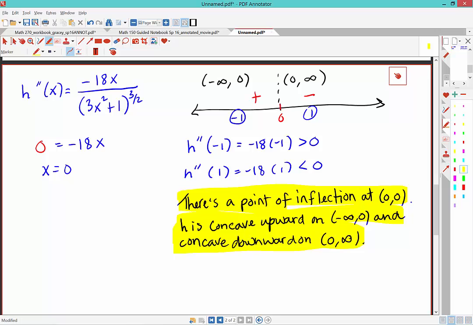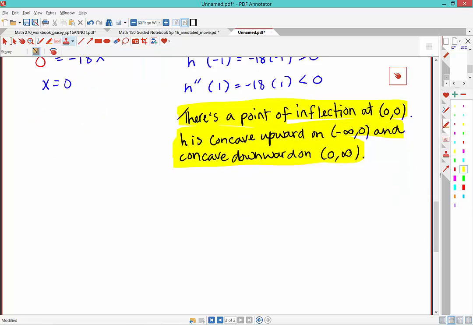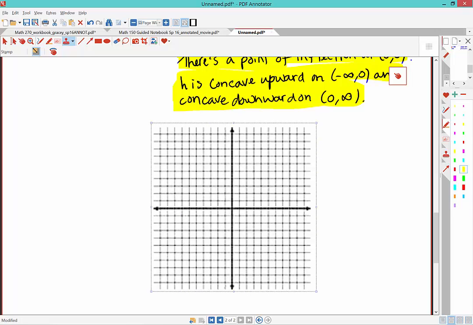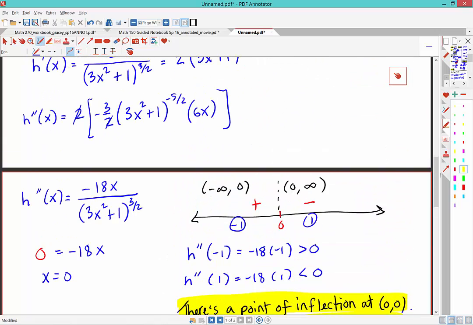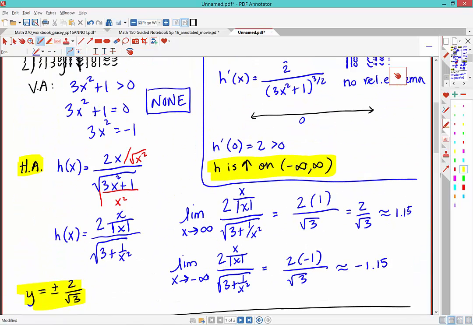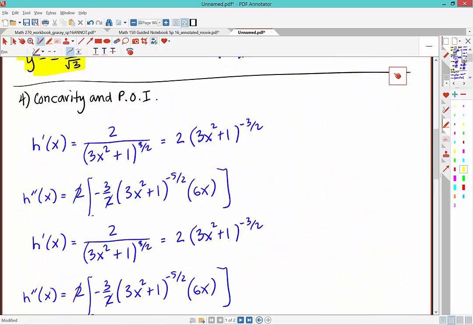Okay, so now I think we have enough to make our picture of our graph. Let's see what we've got. The numbers that we're working with are pretty small, so I think I'll do plus or minus 5 again on our grid.